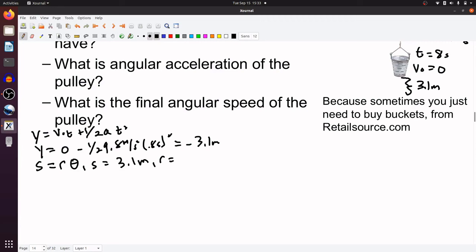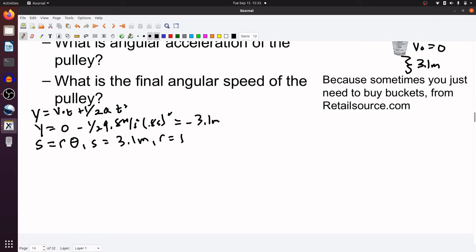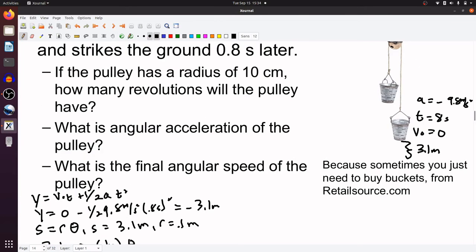The radius of the pulley is 10 centimeters, or 0.1 meter, so we can figure out theta. 3.1 meters equals 0.1 meters times theta, so 31 radians, which remember isn't a true unit, is equal to theta. That gives me radians, but not revolutions.